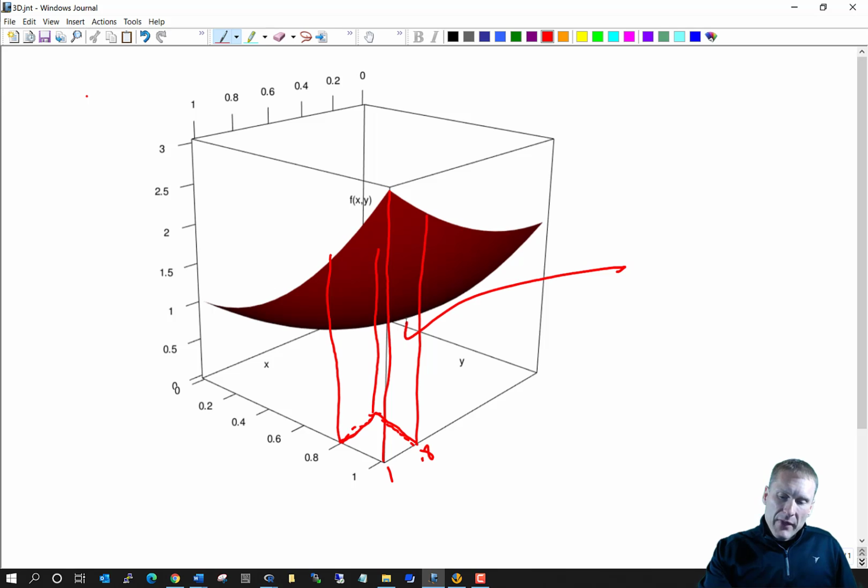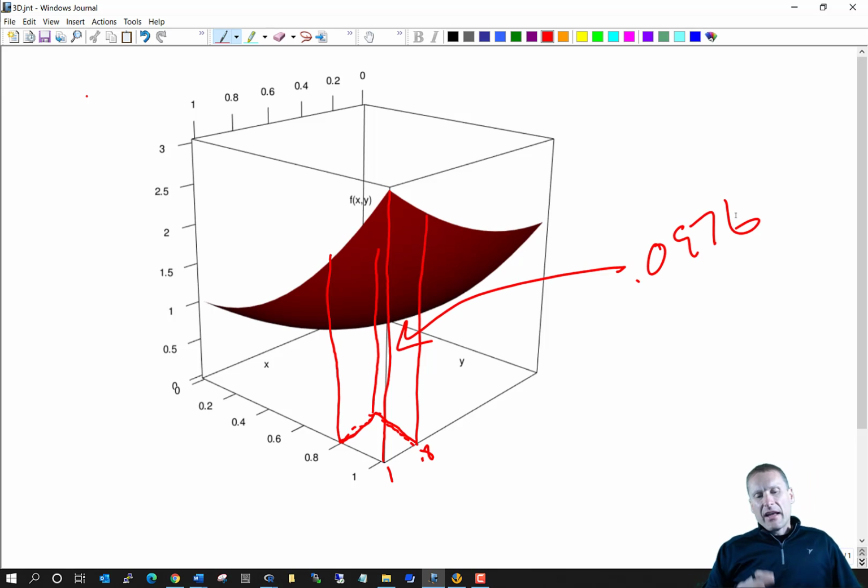What that means is that that volume is 0.0976. If we look at that relative to the rest of the plot, we can see that there's a lot of other volume available outside of this small region itself. So it makes sense to have only about a 10% probability of getting B's or higher in both these courses.